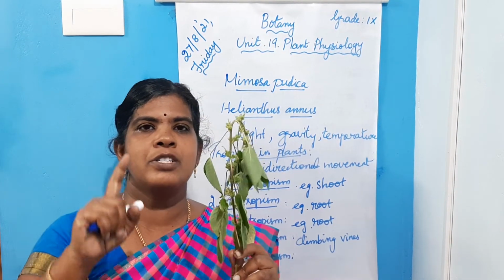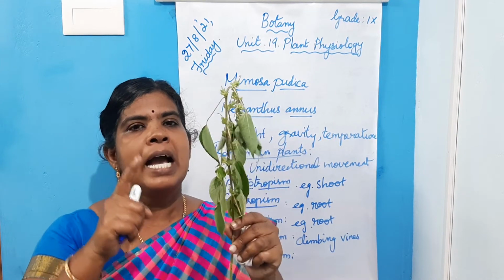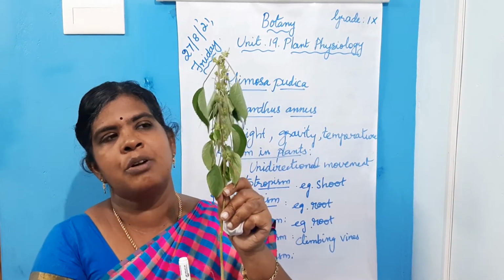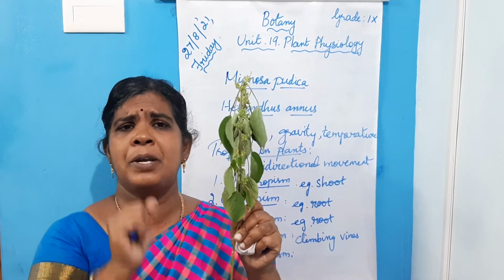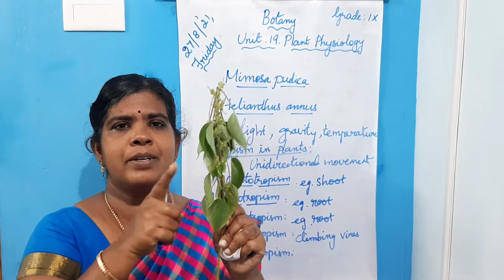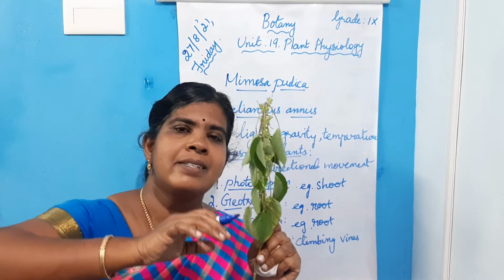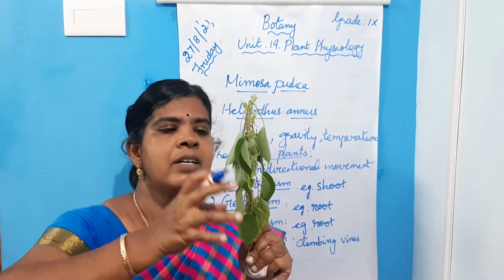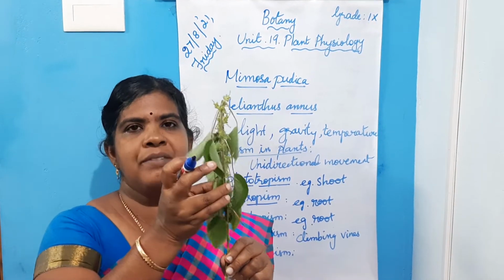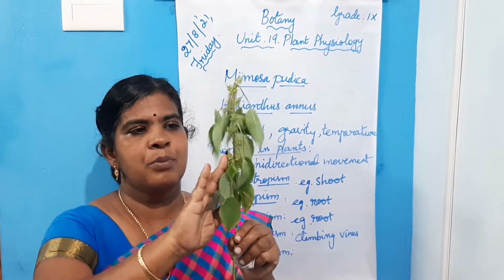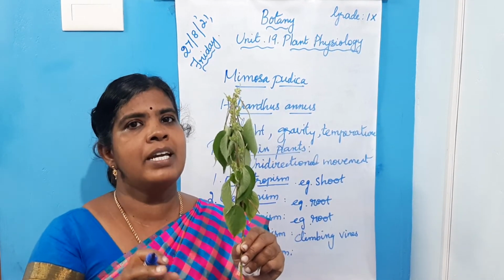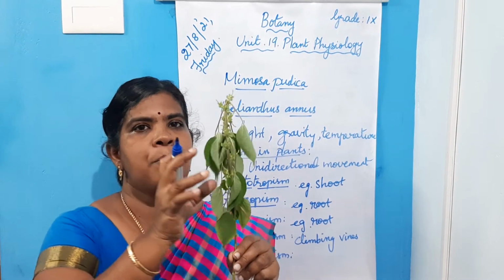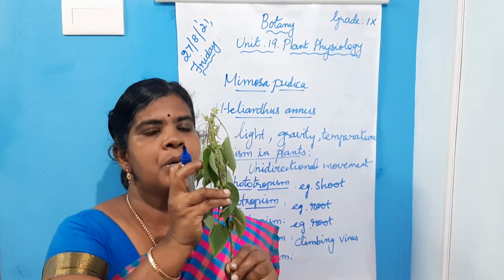And it is negatively geotropic. Why? Because the shoot system grows against gravity. So it is negatively geotropic and positively phototropic.